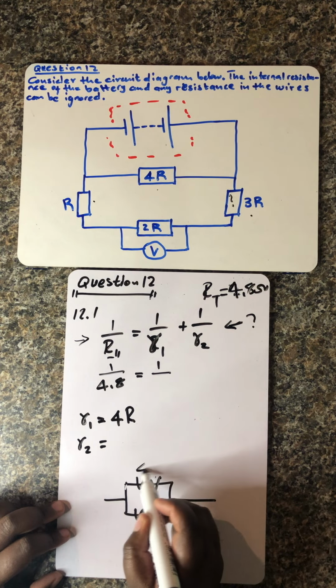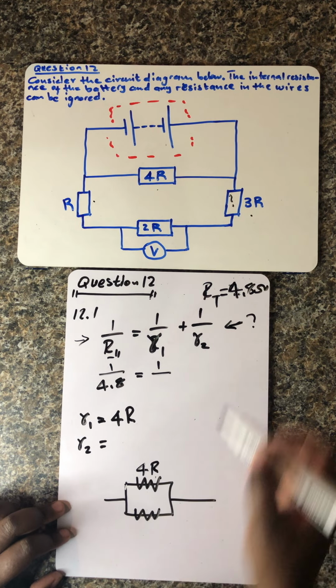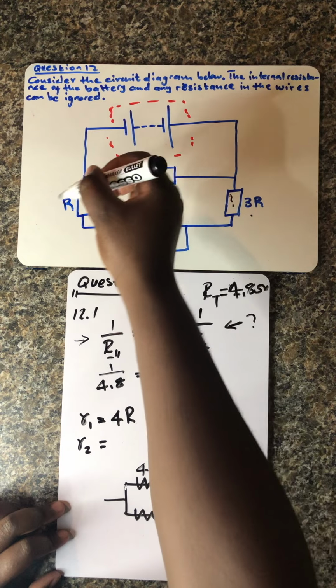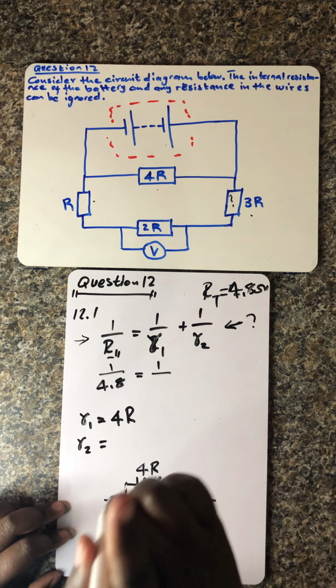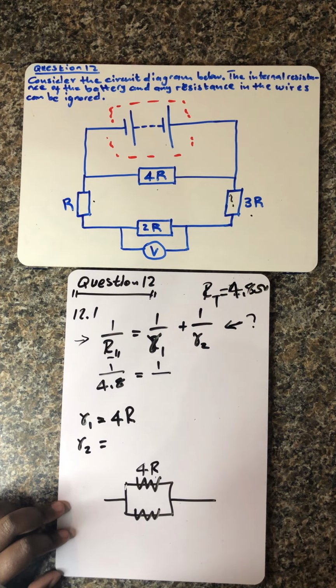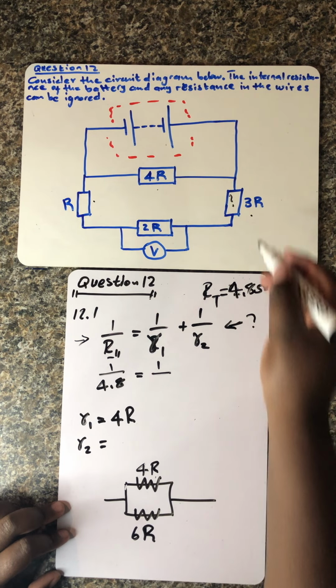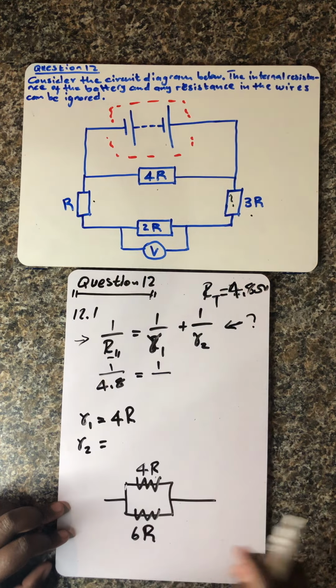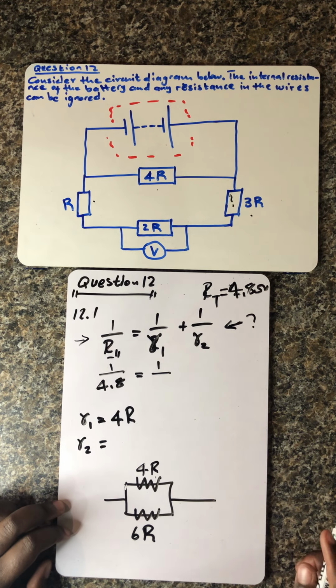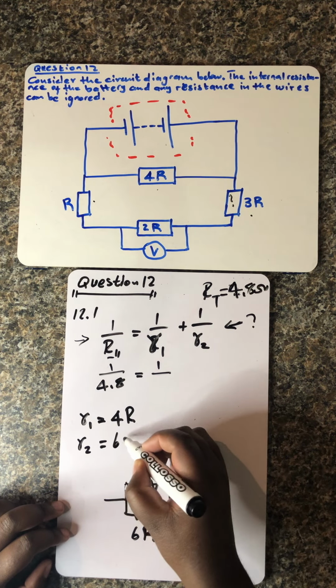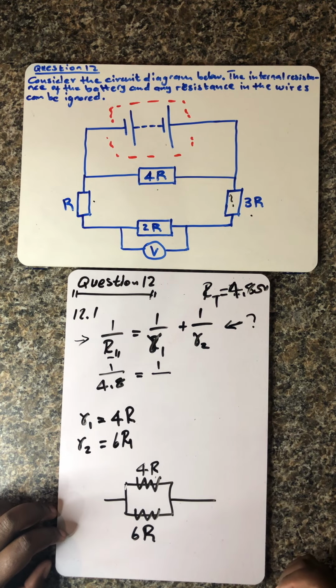So this is that 4R, right? Then you add all of these which are connected in series to make it just one resistor. Obviously it's 6R. It's 3 plus 2 is 5 plus 1, it's 6R. So now that means R2 is going to be 6R.